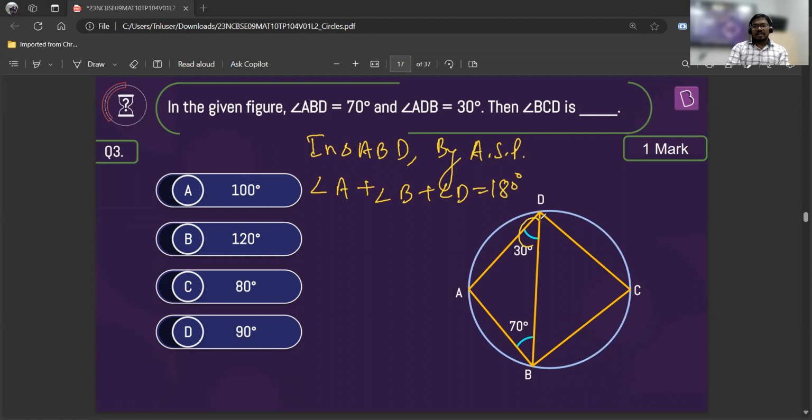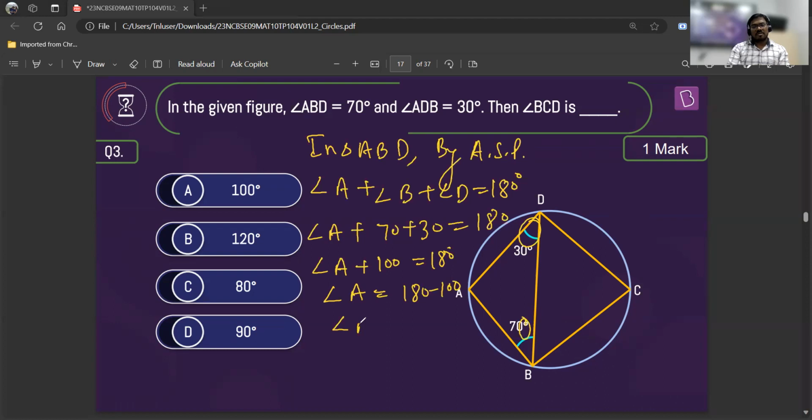We know B and D, so let's find A. B we have as 70 and D we have as 30, which equals 180. So angle A plus 100 is equal to 180. That means angle A is equal to 180 minus 100, that means angle A is equal to 80.